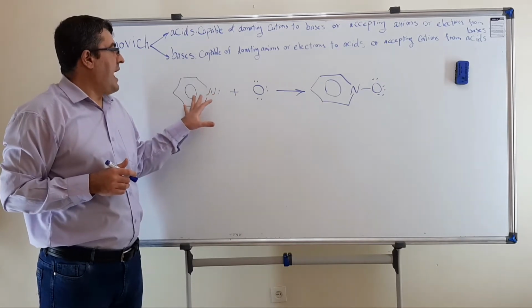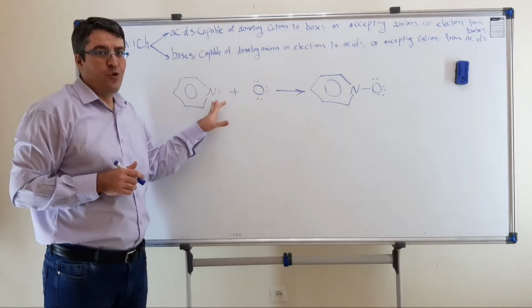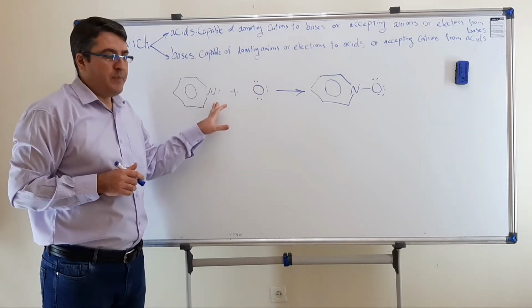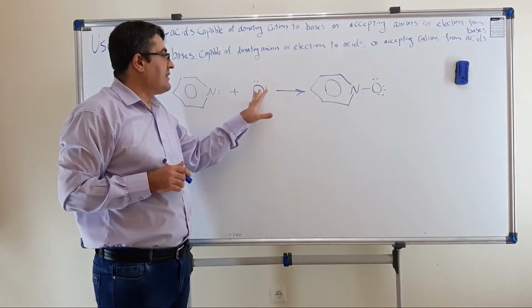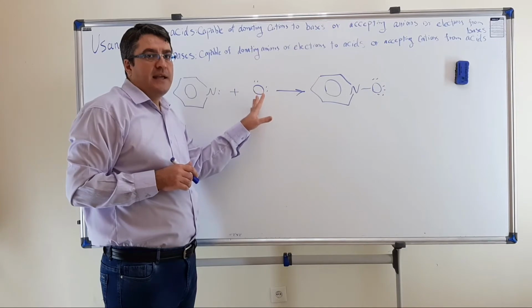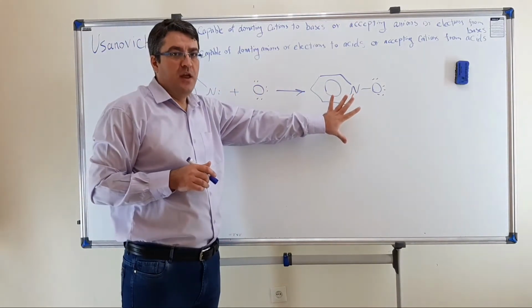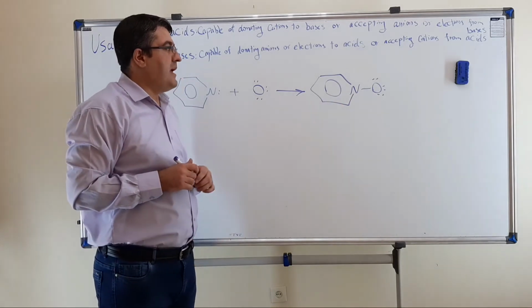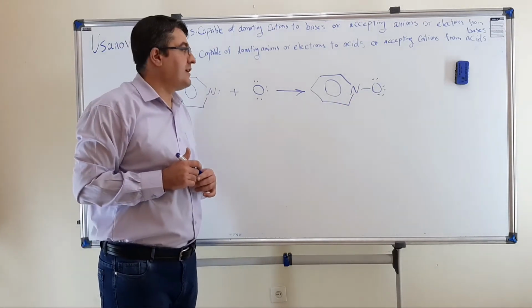Here, pyridine acts as an electron pair donor, so as a Lewis base, and the oxygen atom acts as an electron pair acceptor, so as a Lewis acid. So this is a Lewis acid-base reaction, where the usage of Lewis acid-base theory is very common in chemistry.